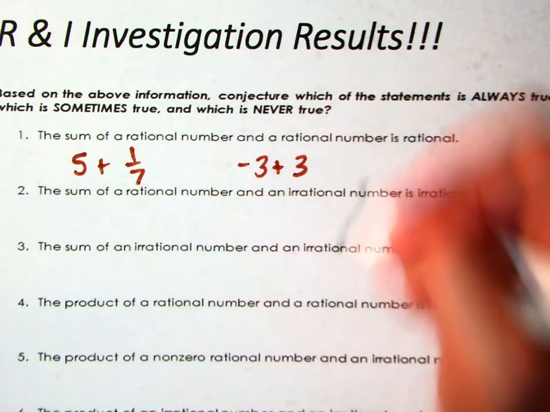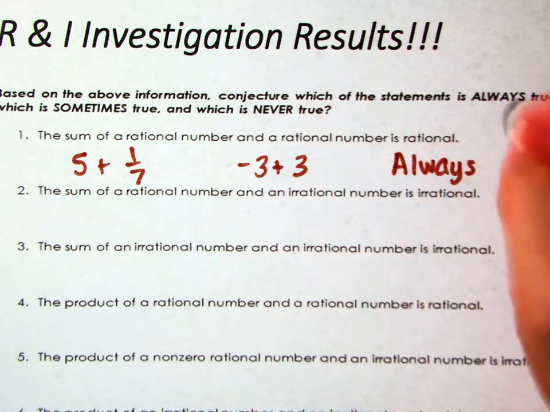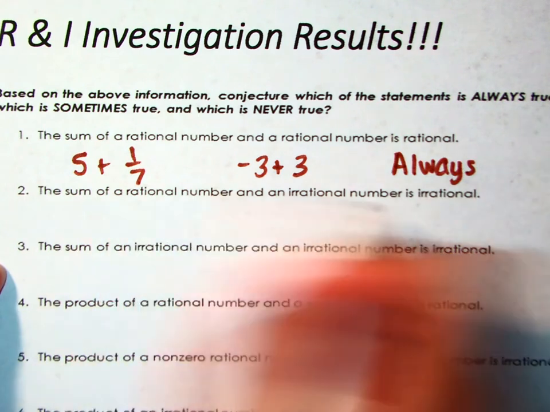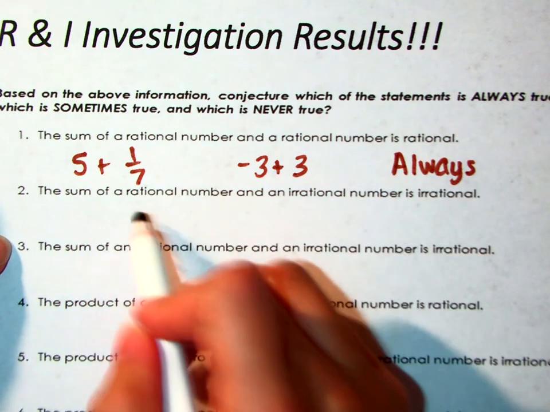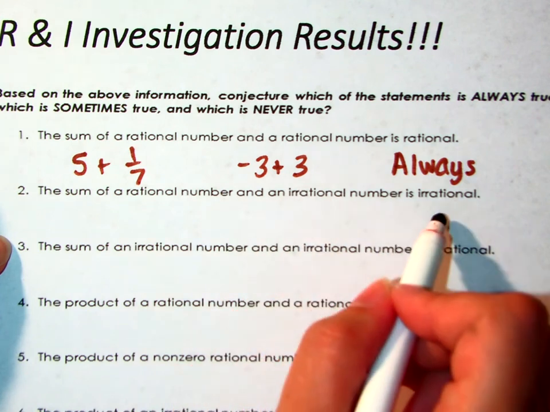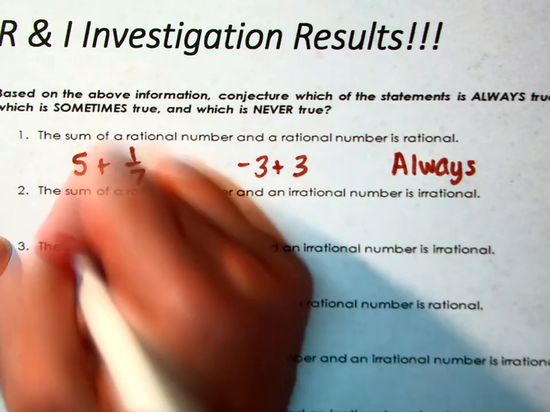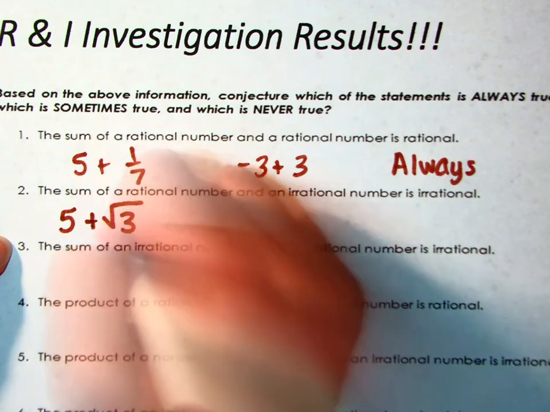Yes, that is always going to be true, because no matter what, your rational numbers added together would always be rational. Now, if you come up with something like this, it says that the sum of a rational number and an irrational number is irrational. So let's take 5, and we add that to something like the square root of 3.